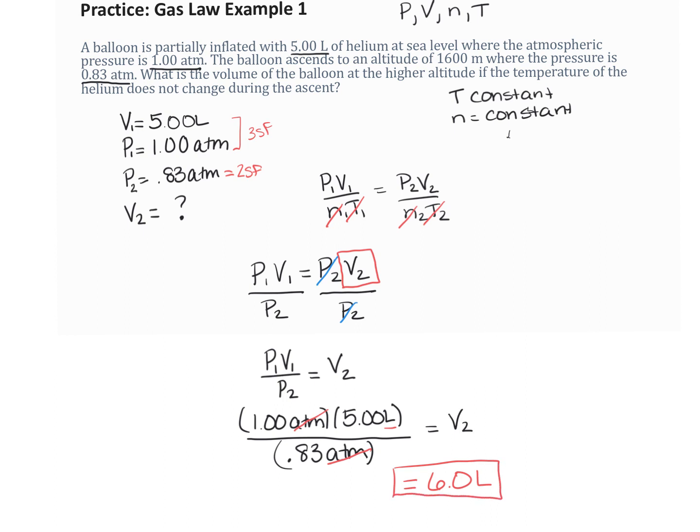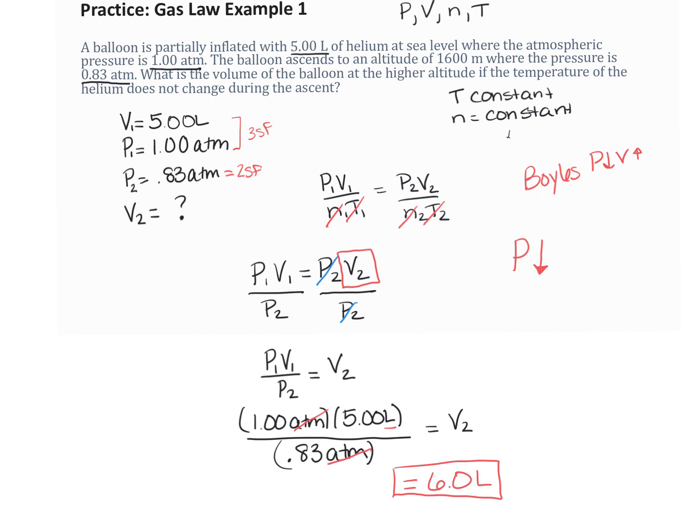Now, let me tell you, I love gas law problems, and it's because there's a great double check. So let's look, right? What we have happening here between our 2 pressures is pressure here is decreasing, right? And we know from Boyle's law that if the pressure decreases, the volume should increase.